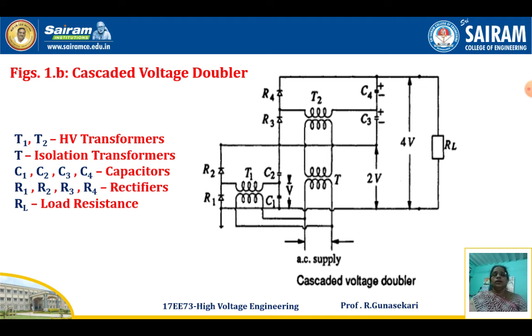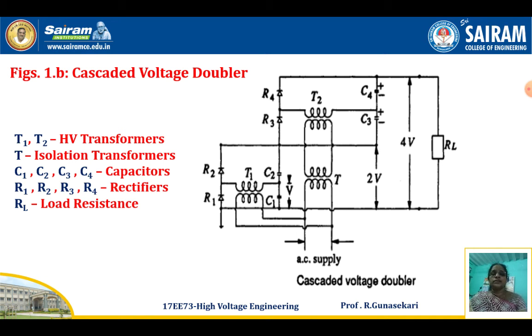In the simple voltage doubler, there is 1 HV transformer, 2 capacitors, 2 rectifiers, 1 load resistance. We never use the isolation transformer in the simple voltage doubler circuit. But in the cascaded voltage doubler circuit, we use 2 HV transformers, 1 isolation transformer, 4 capacitors, 4 rectifiers, 1 load resistance.